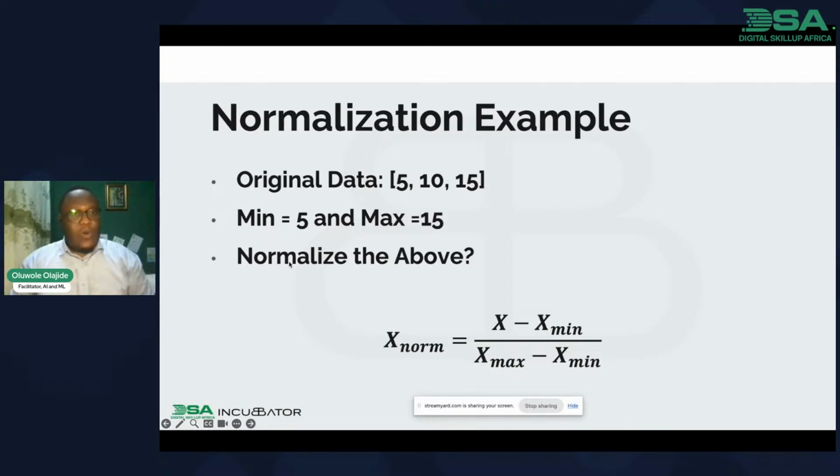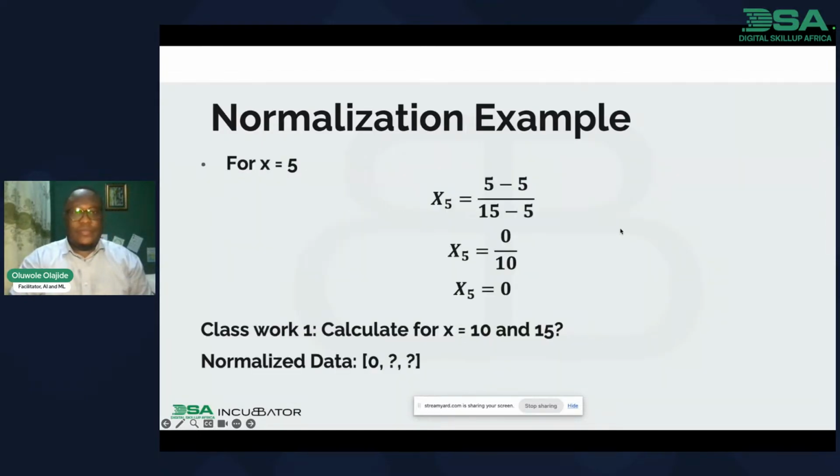All right. So normalize the above. For x equal to 5, using that same formula that I've shown us, we're picking x now when x is 5. Minus the x minimum, which we know that the minimum value for this range of data set is 5.